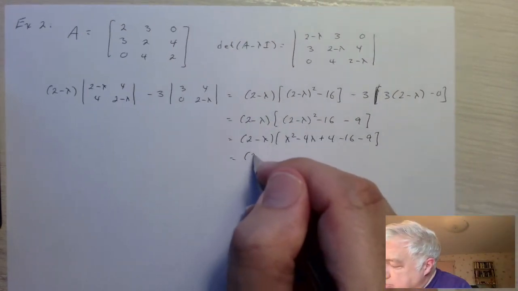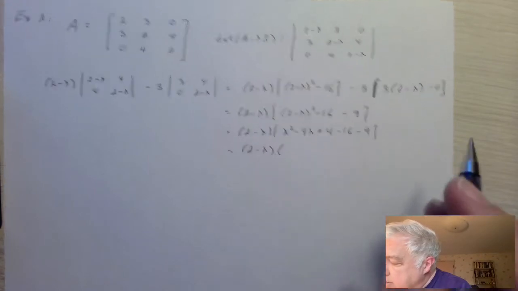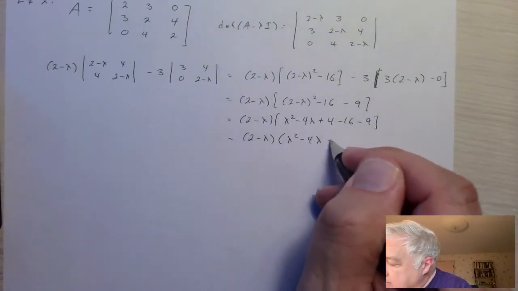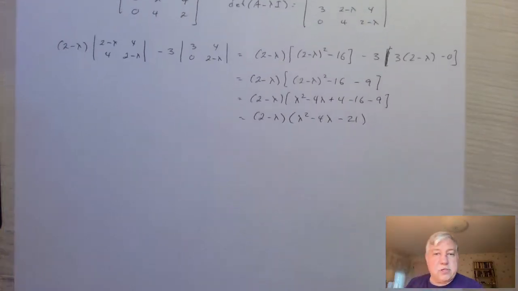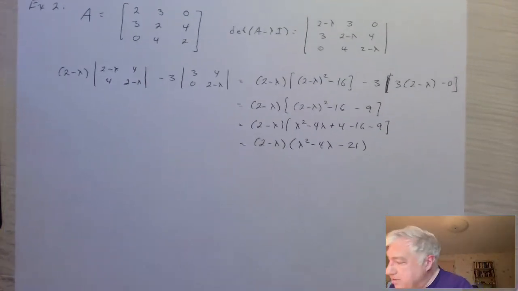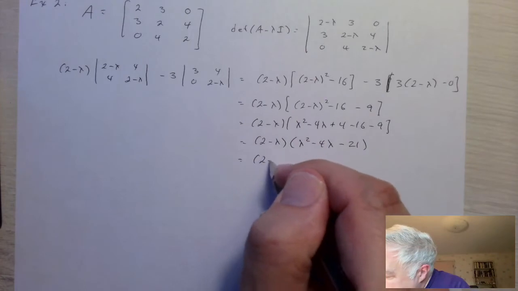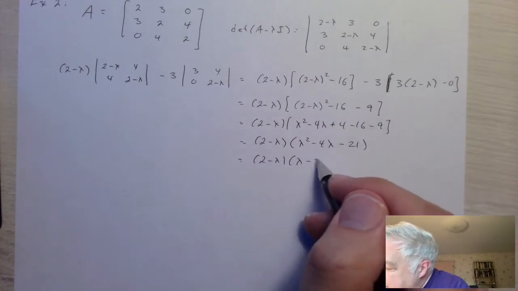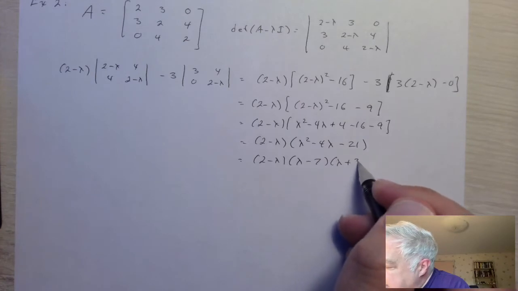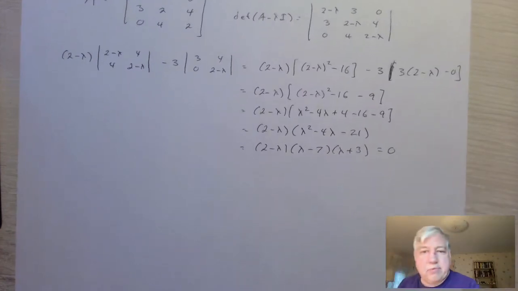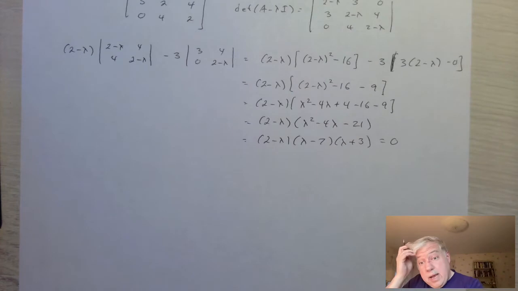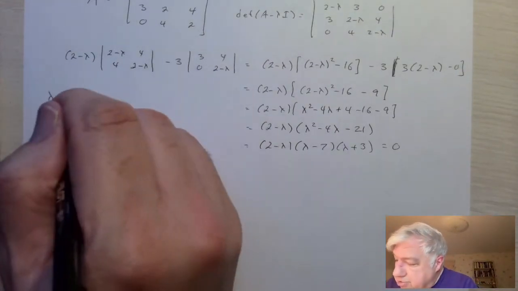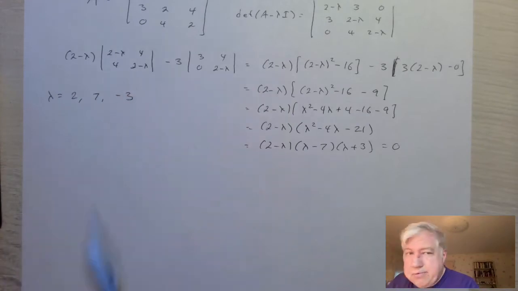And this will be 2 minus lambda times lambda squared minus 4 lambda minus 21. Fortunately for us, that factors as (lambda minus 7)(lambda plus 3). We set that equal to 0, and so our eigenvalues are lambda equals 2, 7, and minus 3.